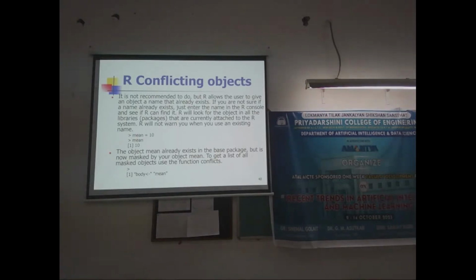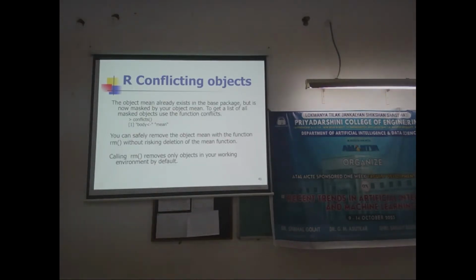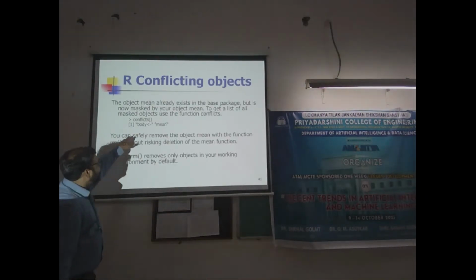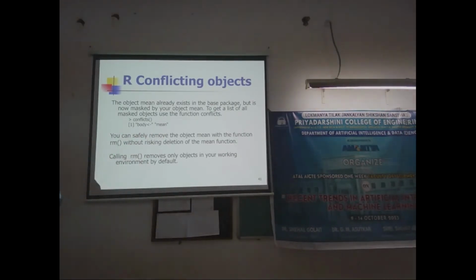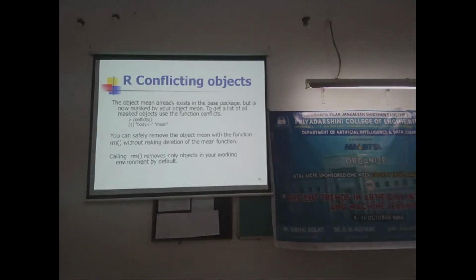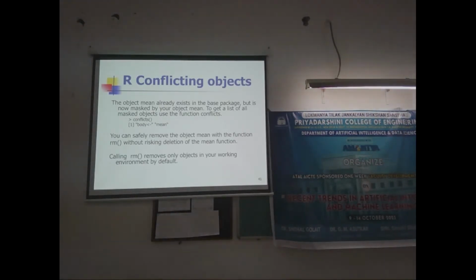So how do we understand whether we have assigned a value to a variable which is a function? There is something called conflicts. If you write conflicts, it will tell you that this is a problem: you have assigned mean a certain value, which is a function.